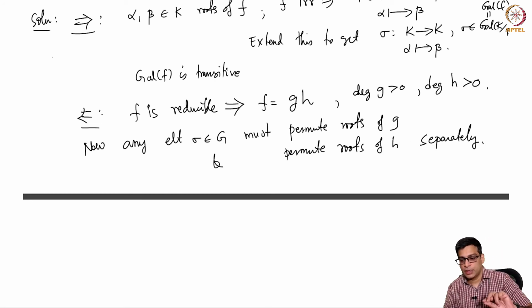What I mean is, any root of G has an irreducible polynomial which is a divisor of G, and that cannot be a root of H. We can assume that G and H are co-prime.